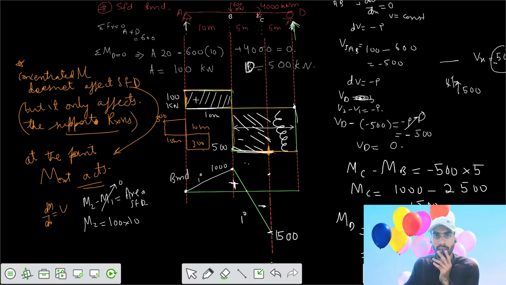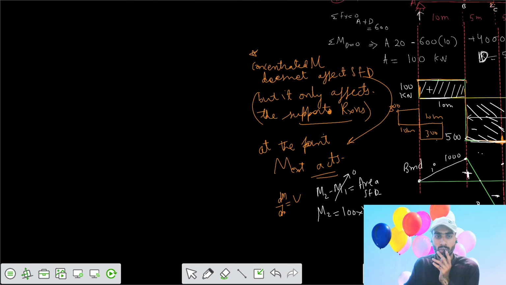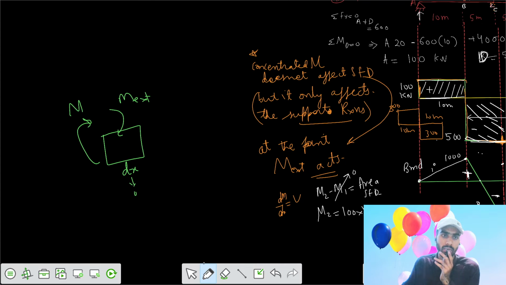We also know that when we derived the equation for the effect of a concentrated moment, we derived it for a concentrated moment M external acting between the span at a section dx tending to 0. We write that say the moment here is M, here the moment is M plus dM. Then the shear force here is V, here the shear force is V plus dV.